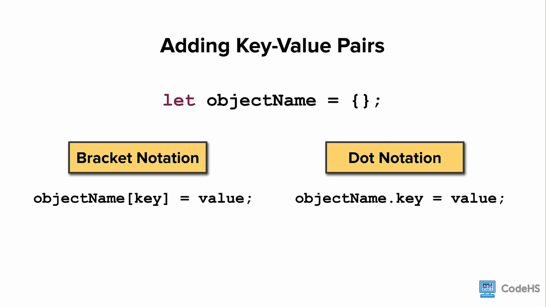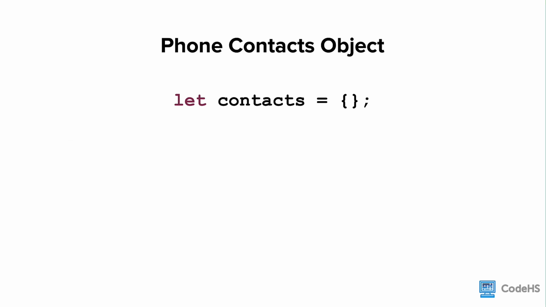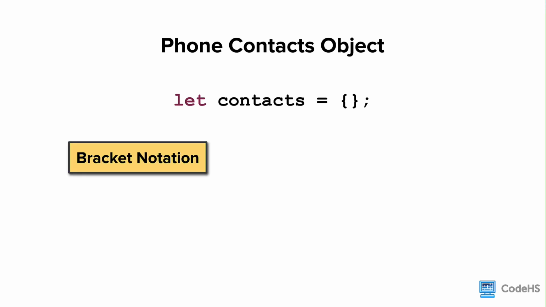Let's take a look at our phone contacts example again and start adding the contacts as key value pairs with these two notations. We'll start by creating the empty object called contacts. Let's add our first contact, Albert. With bracket notation, we'd write contacts, square brackets, Albert in quotes, equal sign, and his number in quotes.